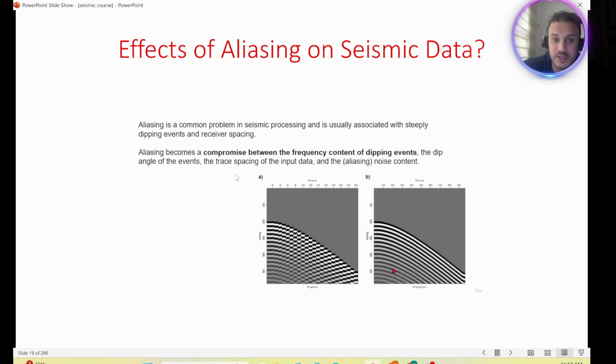These are the factors causing aliasing. Aliasing becomes a compromise between the frequency content of dipping events, the dip angles of the events, the trace spacing of the input data, and the aliasing noise content. We need to remove all this noise so we have very straightforward waves.